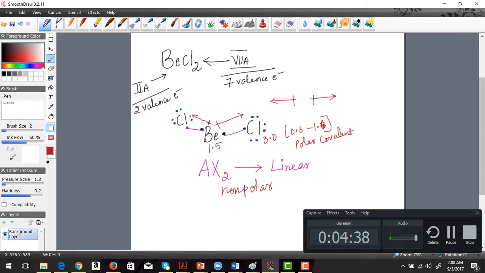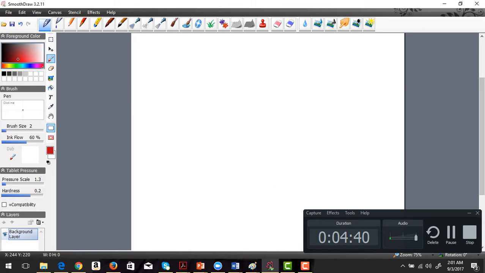Now let's go to the second example that I want to go over. Let's go get our black. Let's write water. You would think this is very similar to BeCl2, which we just did. You got 1 central atom, 2 outer atoms, so that should also turn out to be AX2 and linear. It's however not the case.